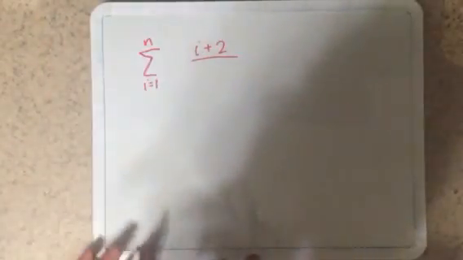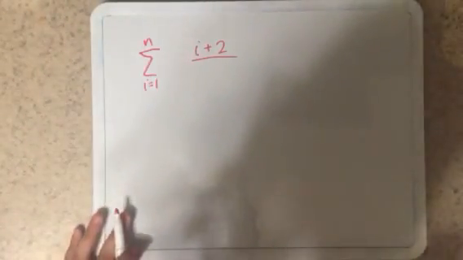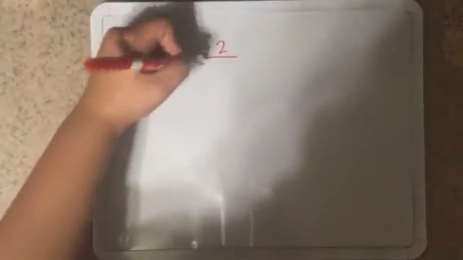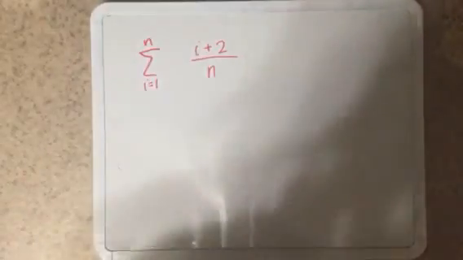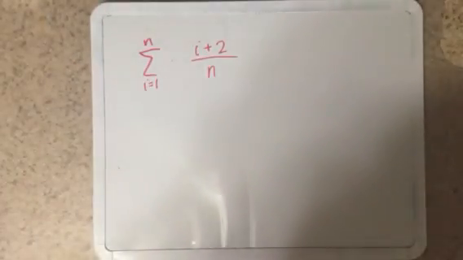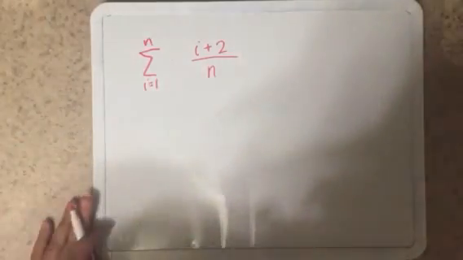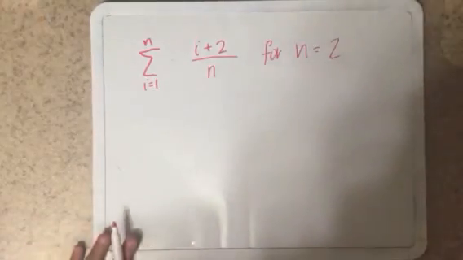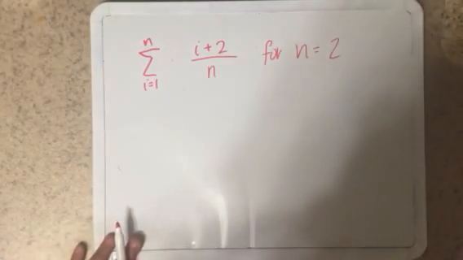You're going to have, let's say, i plus 2 all over n. And we're going to do it for n equals 2.